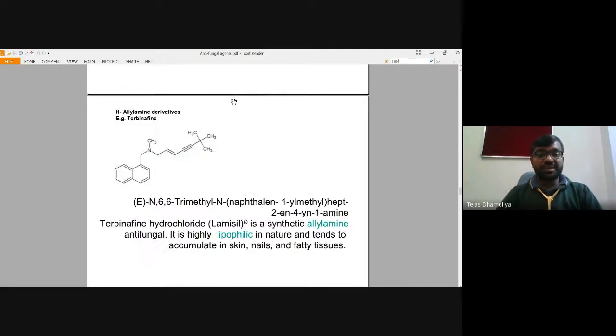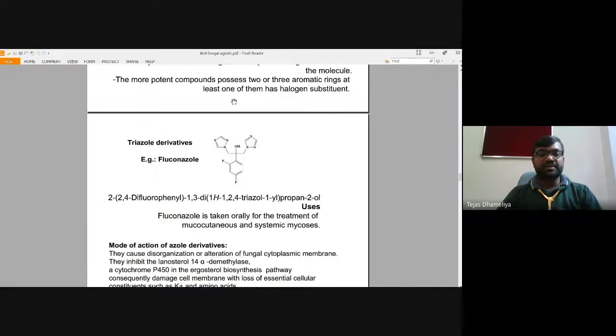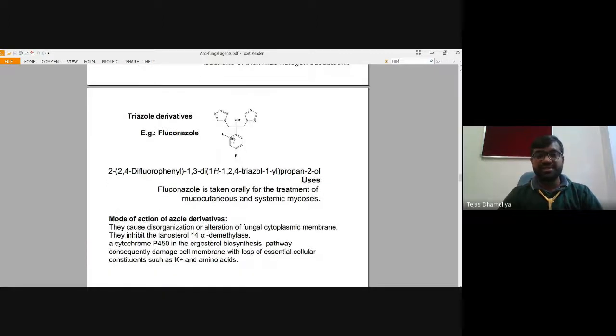Coming to that, our drug fluconazole is responsible for inhibition of lanosterol 14 alpha demethylase. Thus, it inhibits ergosterol biosynthesis, which causes loss of potassium as well as some amino acids.